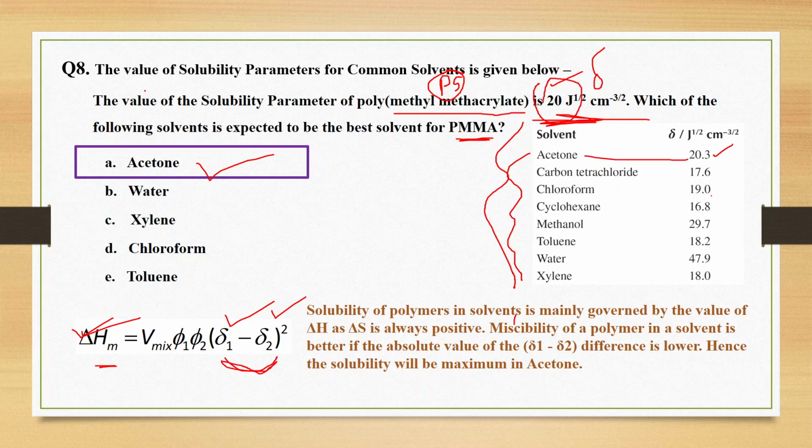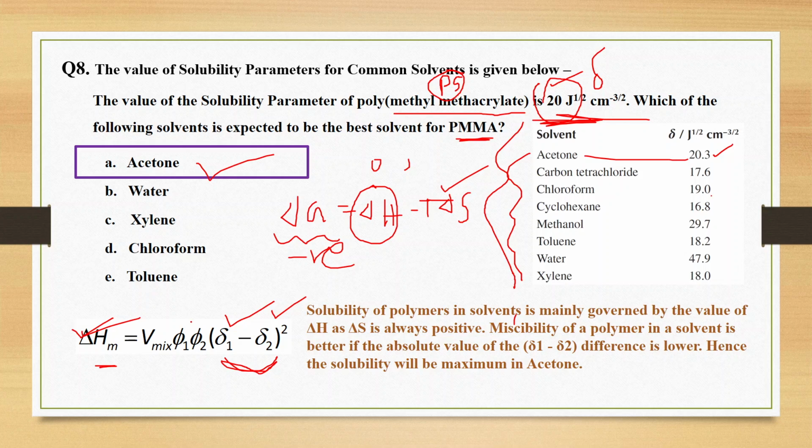Fine. So, if you remember the Hildebrand equation, then you know, as I have stated in the previous problem as well, that for the Hildebrand equation we take the assumption that delta S is the ideal one. So delta S is always positive, but the delta H value should be either 0 or low positive, or less than T delta S, so that you overall get a negative delta G value.